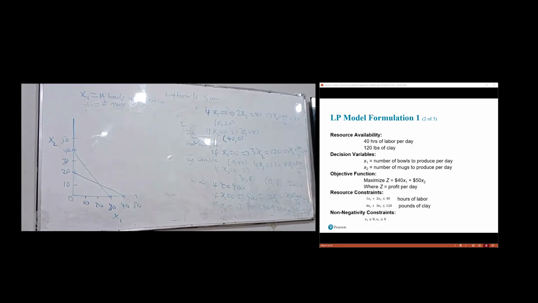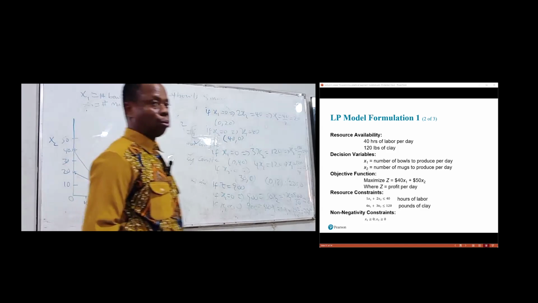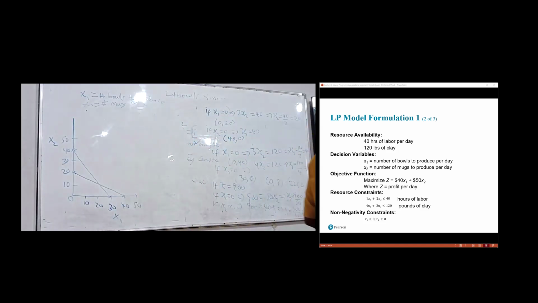Now, this is a maximization problem. We must find what we call the feasible region. This is the region where our solution is mathematically possible.